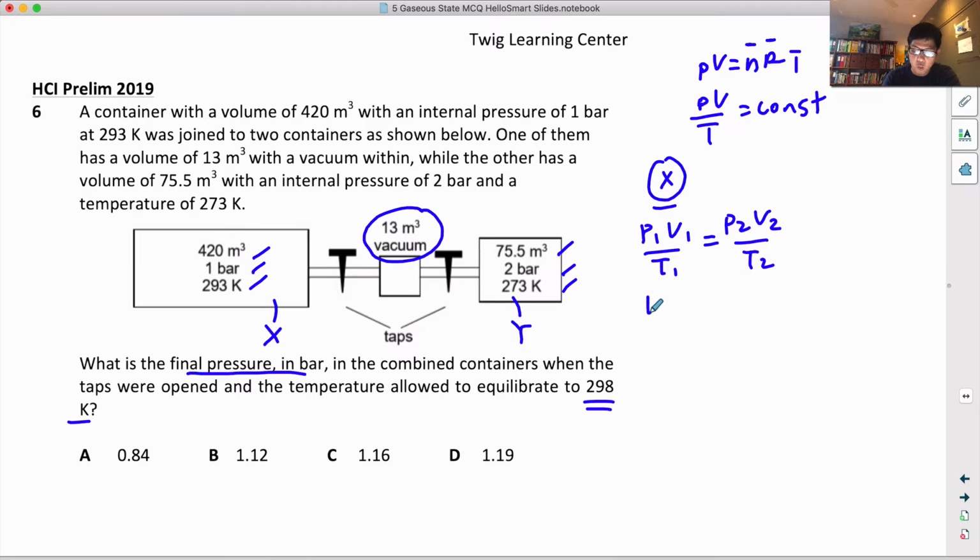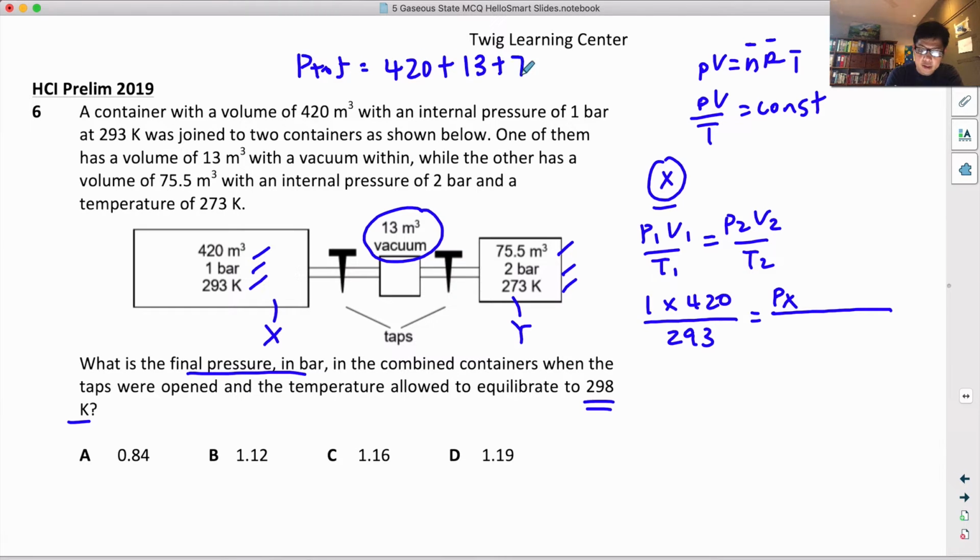The initial pressure is 1 bar, volume is 420, temperature is 293 Kelvin. The final pressure of gas X is Px, and for the final volume you have to add all of them up. The total volume is 420 plus 13 plus 75.5, which is 508.5 meter cube.